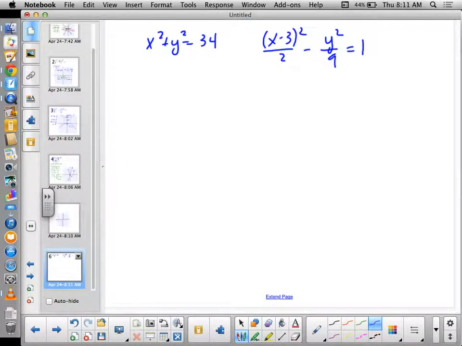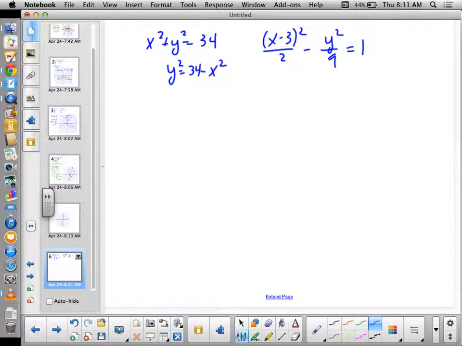I've got to find the intersection of those two. We're going to have to do some substitution. It's going to be easiest to substitute in for y squared. That's going to be the easiest substitution. So y squared is 34 minus x squared.